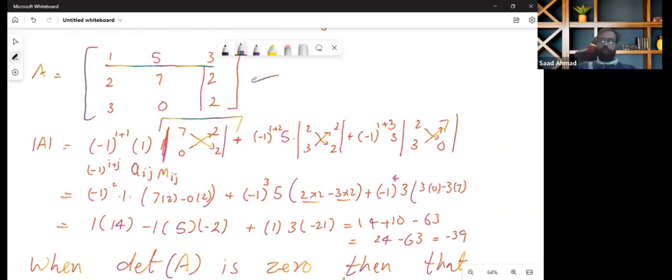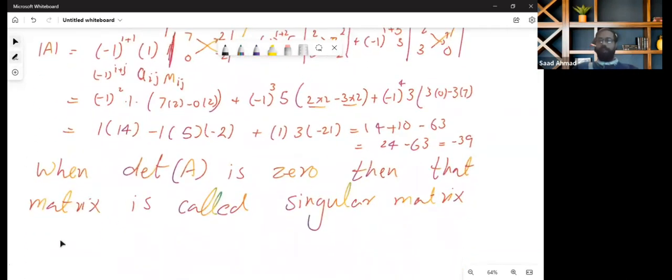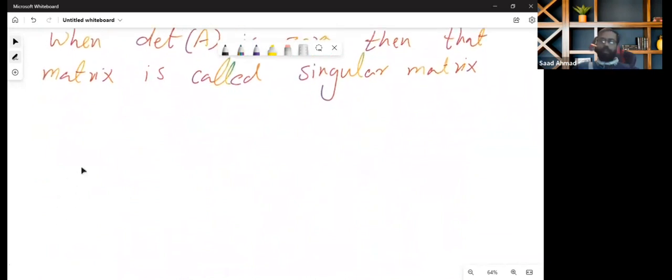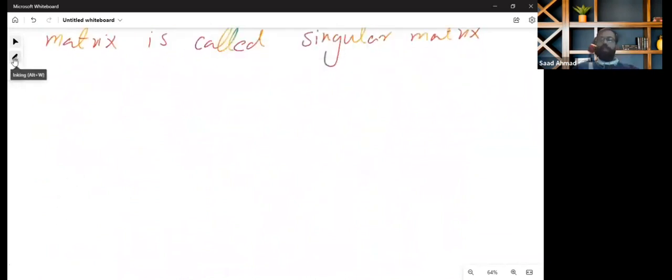But if the original one is 4 by 4, then we will get four 3 by 3 matrices, so we will have to solve four determinants of 3 by 3 to get the answer for a 4 by 4 determinant. So that's a lot more complicated and will take a lot of time.